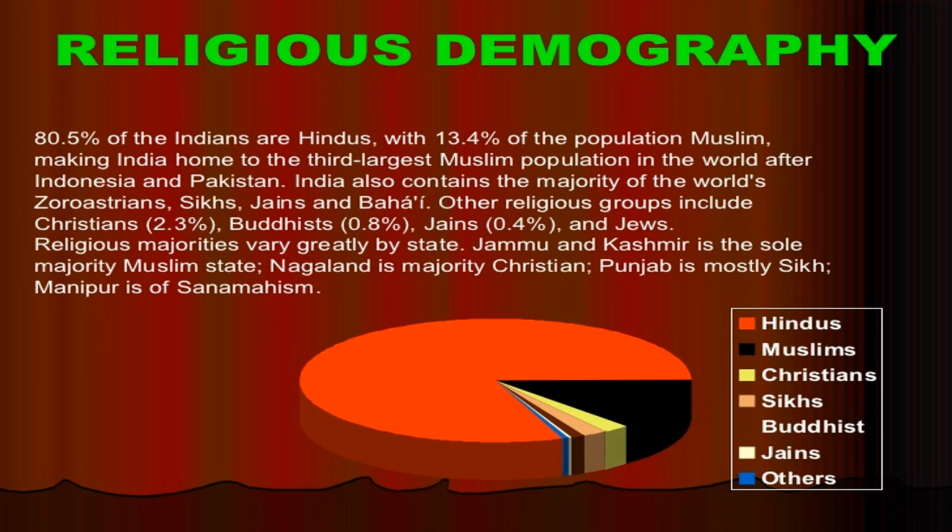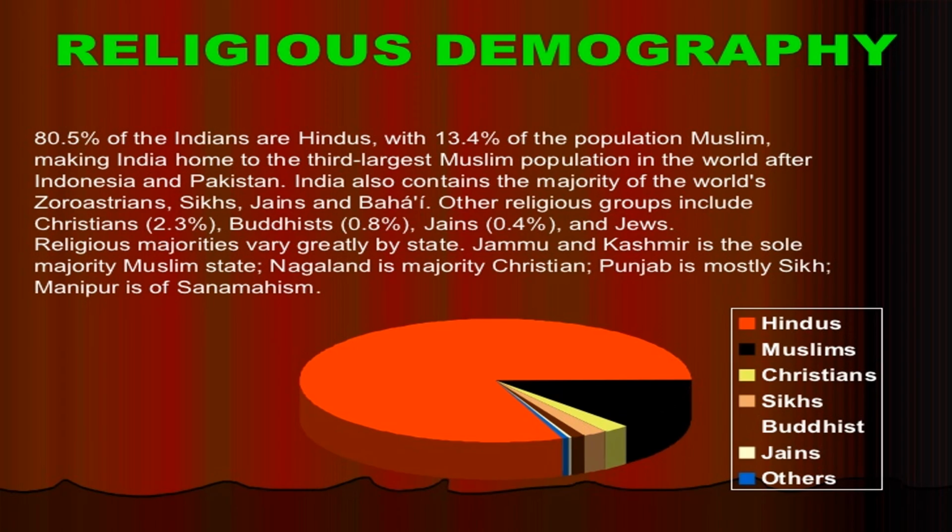In this slide, it is clearly mentioned about the religious demography. You can observe this pie chart, and in this very clearly mentioned the Hindus, Muslims, Christians, Sikhs, Buddhists, Jains, and other people. So almost 80.5% of Indians are Hindu, with 13.4% of the population Muslim, making India home to the third largest Muslim population in the world after Indonesia and Pakistan.